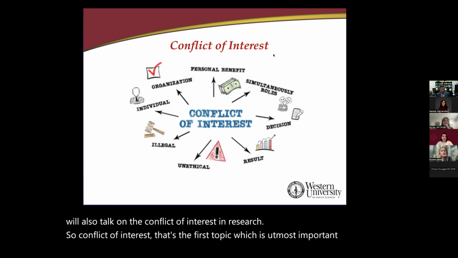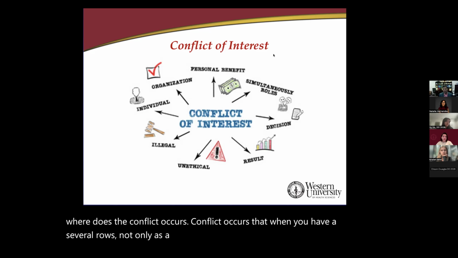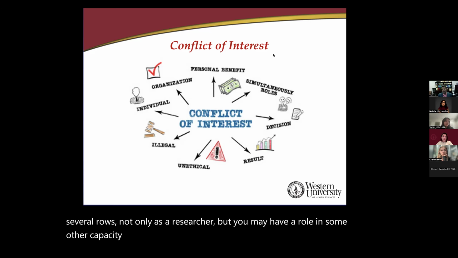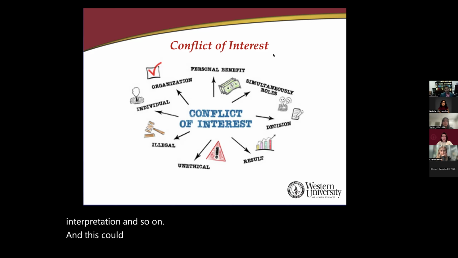And where does the conflict occur? Conflict occurs when you have several roles, not only as a researcher, but you may have a role in some other capacity, which may induce a conflict, not only in the conduct of research, but also in the various aspects of data collection, data interpretation, and so on. And this could be because somebody might get a personal benefit in there.